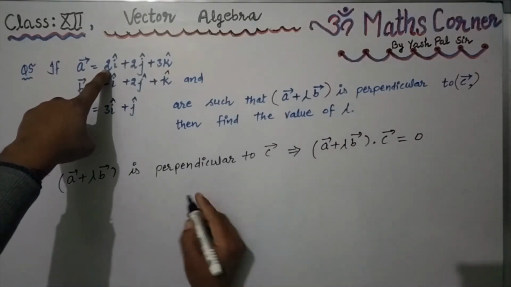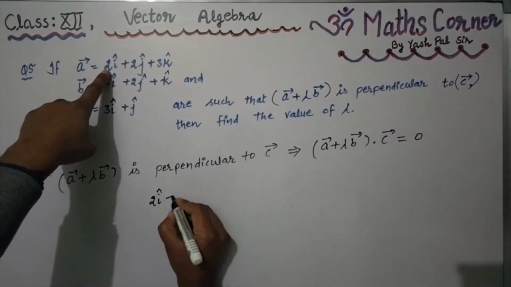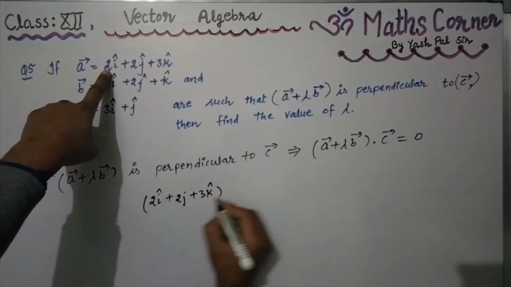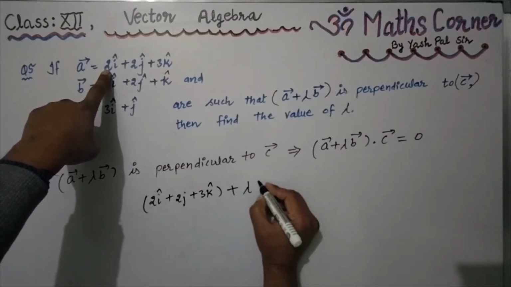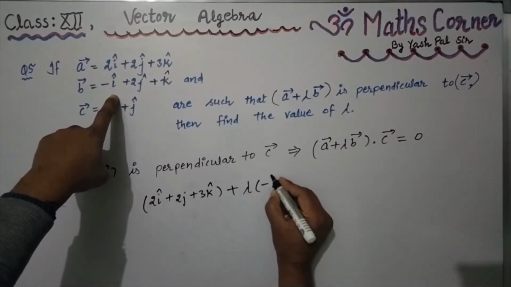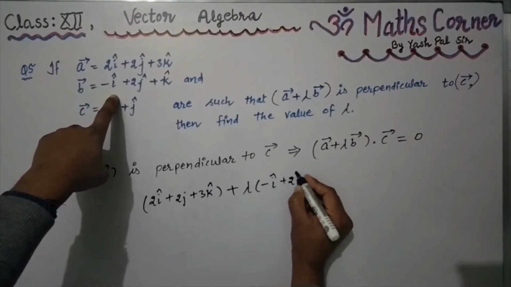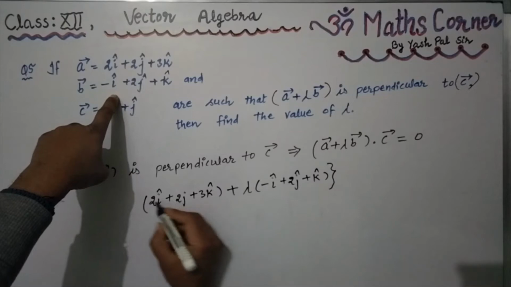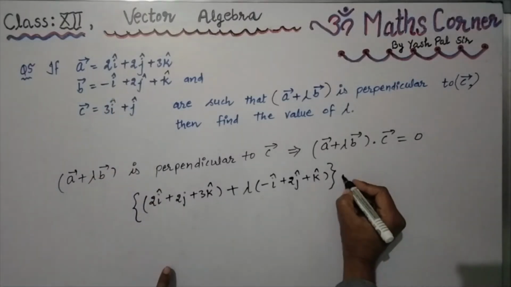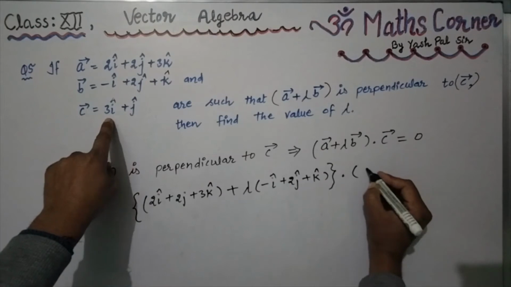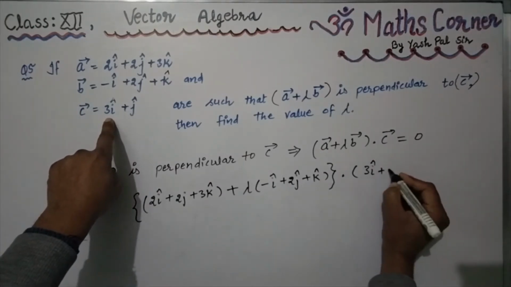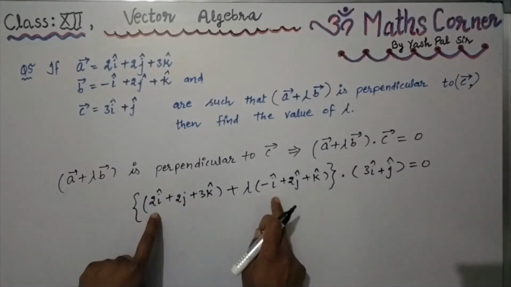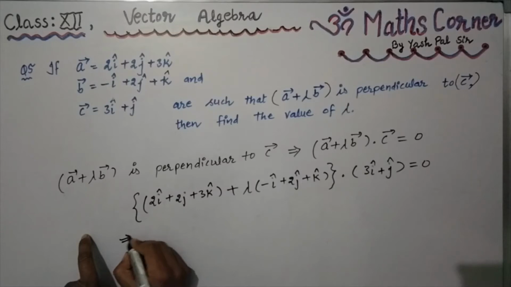Now what is A vector? This is 2i plus 2j plus 3k plus lambda into B vector, which is minus i plus 2j plus 1k. Okay, this whole inside one bracket, dot what is C? C vector is 3i plus j, this should be equal to 0. Now how to find the sum?